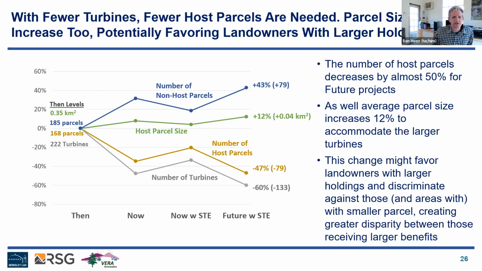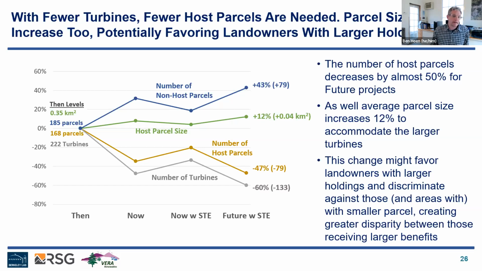So one of the things to note that we can infer from this is that there are fewer landowners that are going to be hosting parcels. Those landowners themselves will have larger parcels as we move from then to the future. Now, often it's those landowners that are the primary beneficiary of payments to landowners. They are the hosts.